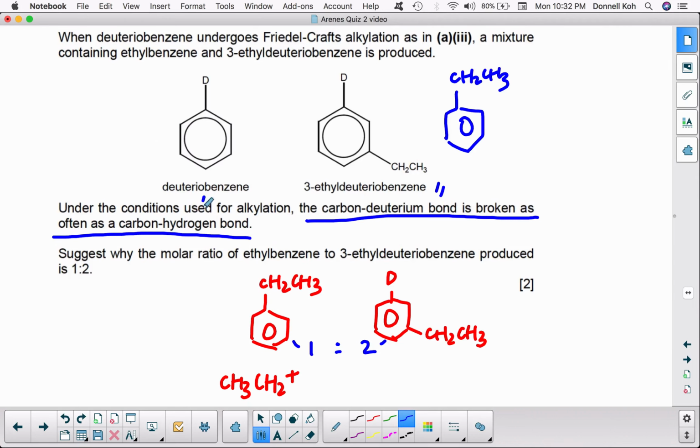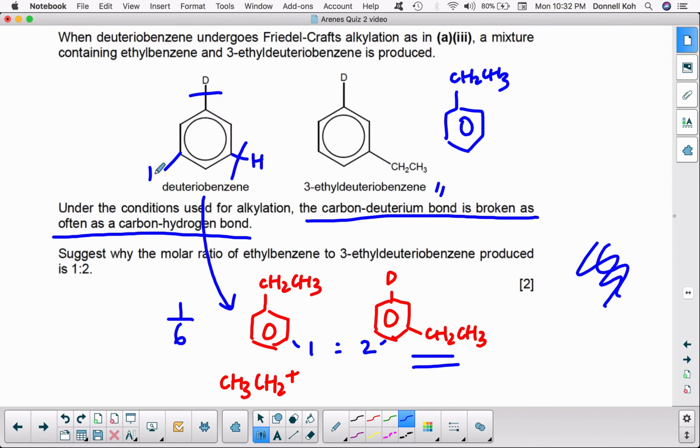In order to form ethyl benzene, this C-D bond must be broken. Since the carbon-deuterium bond is broken as often as the carbon-hydrogen bond, the probability of forming ethyl benzene must be 1/6. What's the probability of forming 3-ethyl deuterobenzene? In order to form it, this hydrogen bond could be broken to give this, or you could break this other hydrogen bond and you still get back the same compound.